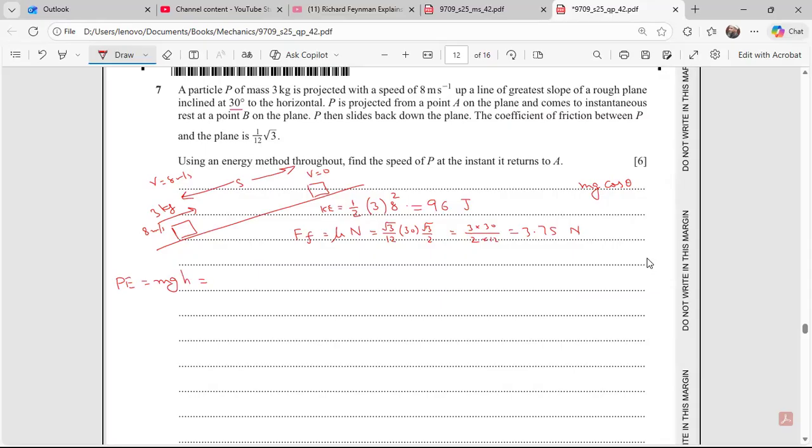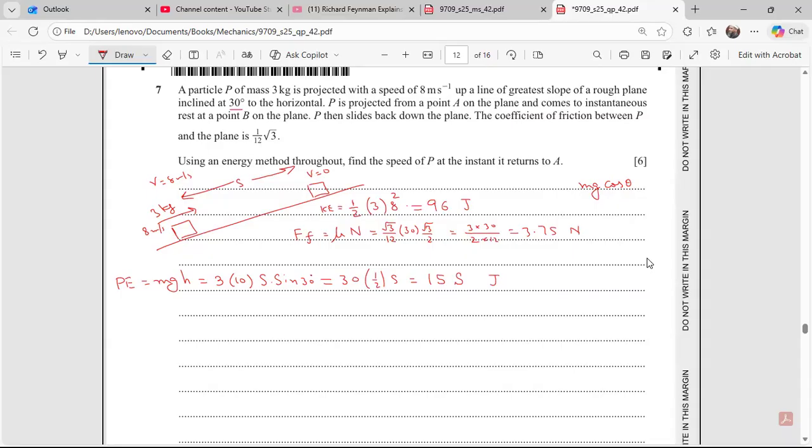In this particular case, m is 3 kilogram, g is 10, and h is basically s into sine of 30 degree. I do not know how much is the s, but whatever is the s sine 30, so that is going to be 30 and half and s. So this is 15s. Okay, 15s joule is the potential energy over here.